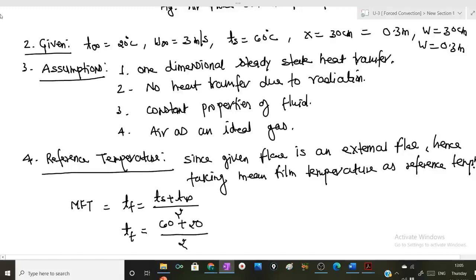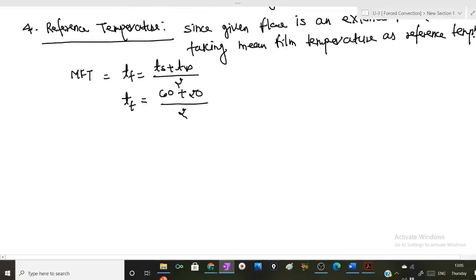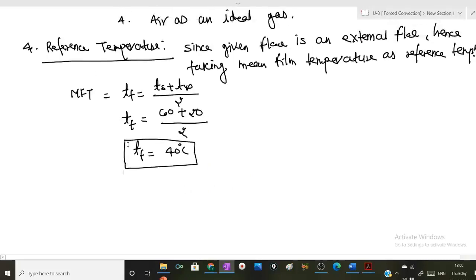So the value of reference temperature as mean film temperature will come out 40 degrees Celsius. So this way I can find out the reference temperature. What is point worth mentioning here? I could identify it is an external flow. So as per thumb rule, mean film temperature will be the reference temperature for external flow.